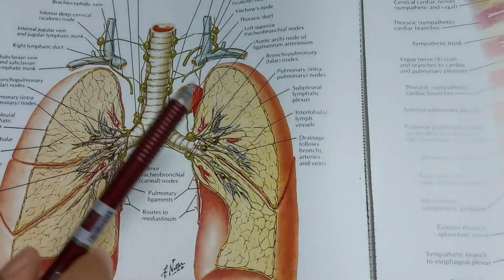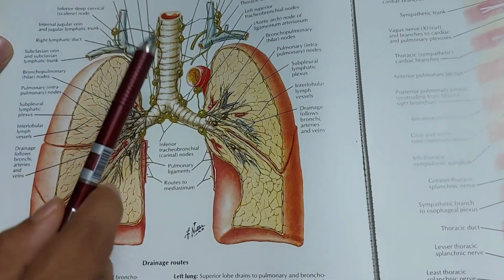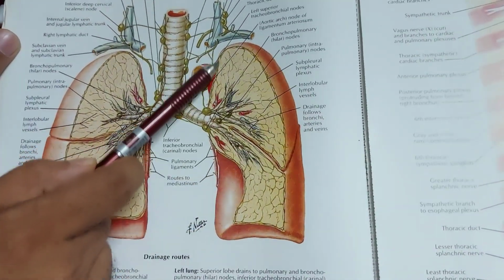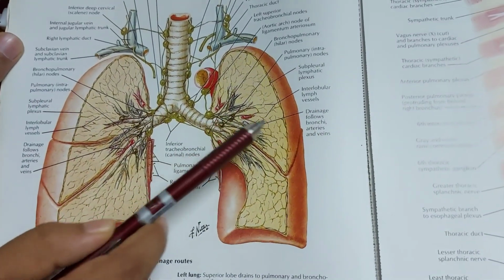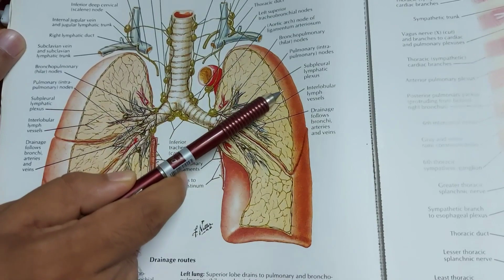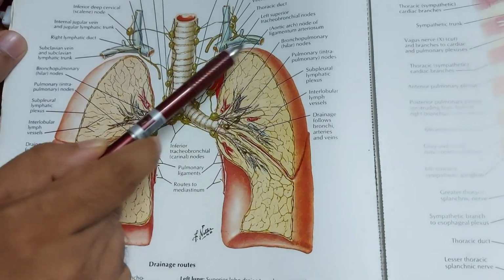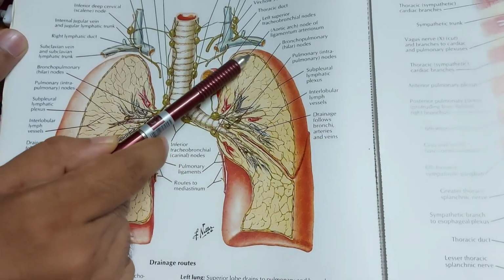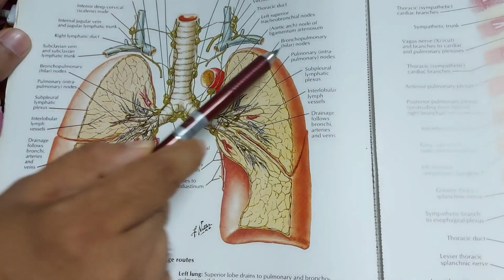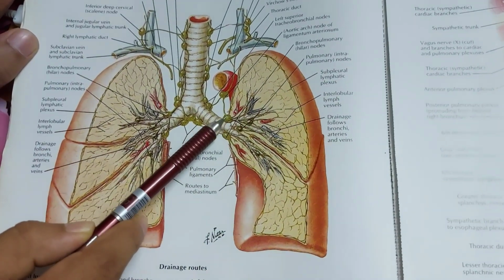So when there is a question on the lymphatic drainage, it should be mentioned that there is the superficial drainage system and the deep drainage system. In the superficial part of the lung, the lymph is collected through the lymphatics, and then finally they drain into the bronchopulmonary or hilar lymph nodes.